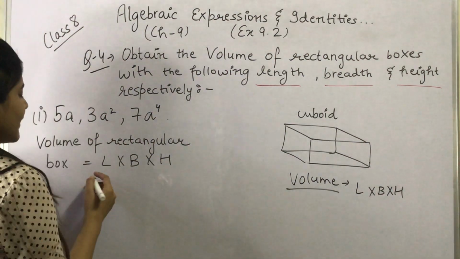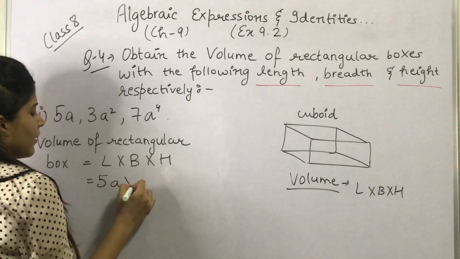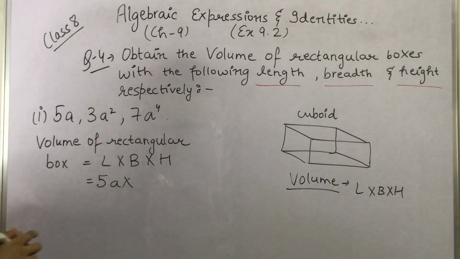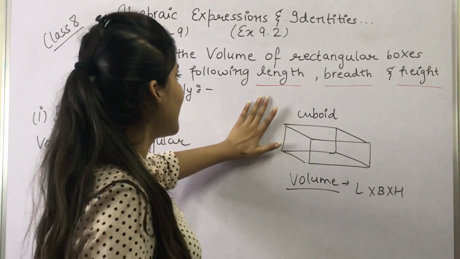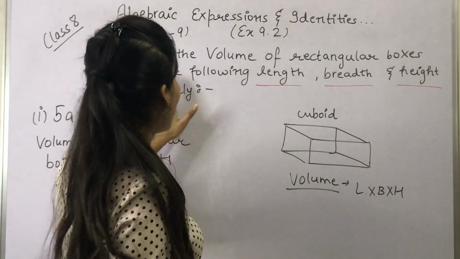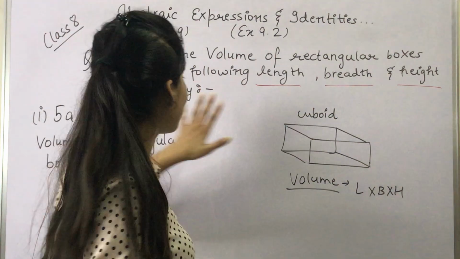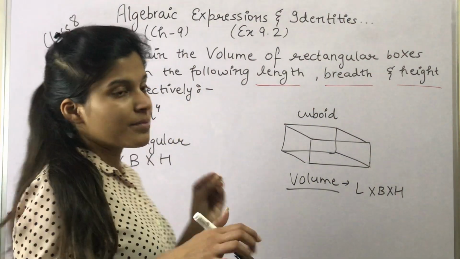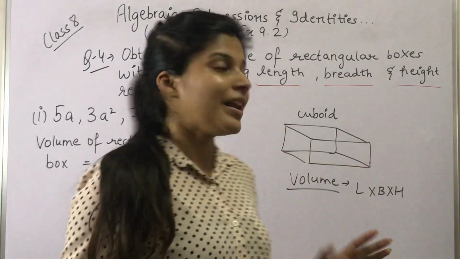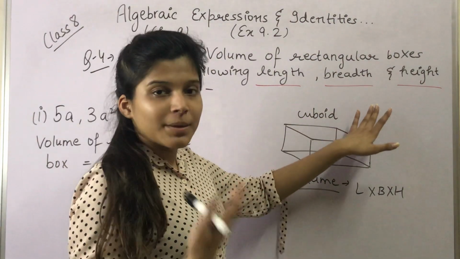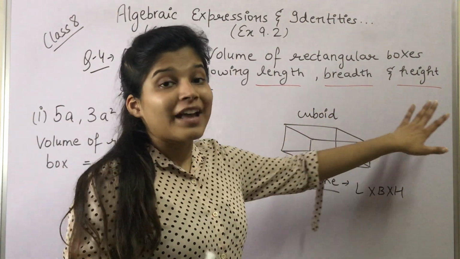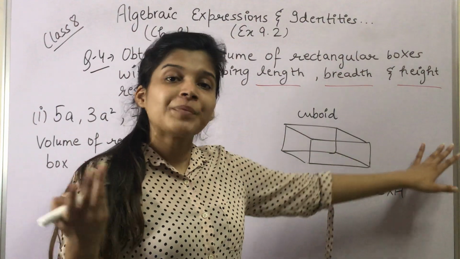Okay, so length is 5a. अब length ही 5a क्यों है? Because see, in the question it is given that rectangular boxes with the following length, breadth and height respectively. And now respectively means that जो सबसे पहले होगा वो length होगी, जो उसके बाद होगा that will be the breadth, and जो last में होगा that will be the height.